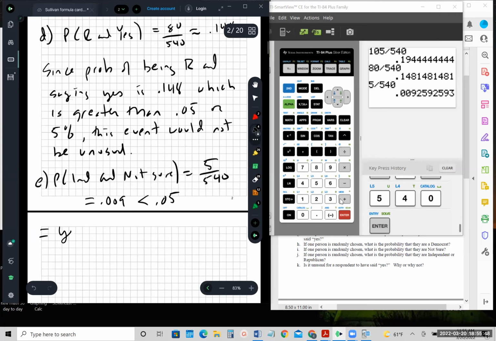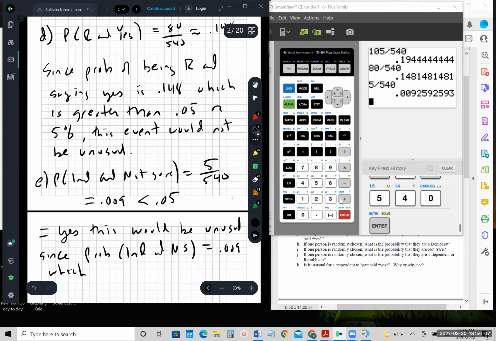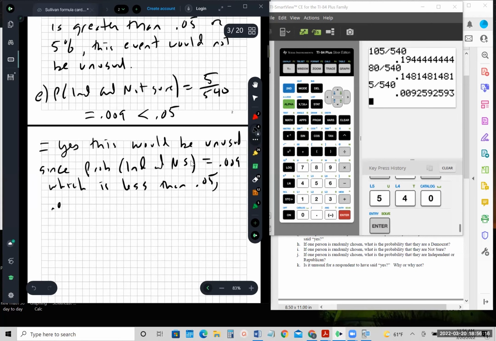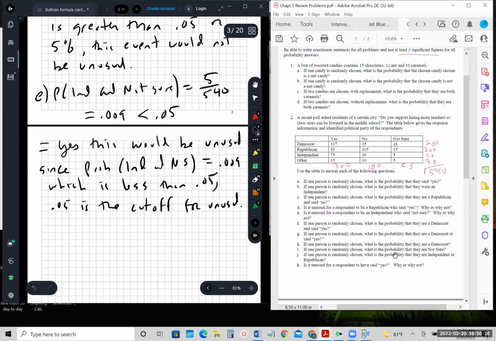So you could say, yes, this would be unusual since the probability of being independent and not sure is 0.009, which is less than 0.05. And just remember 0.05 is the cutoff for unusual.